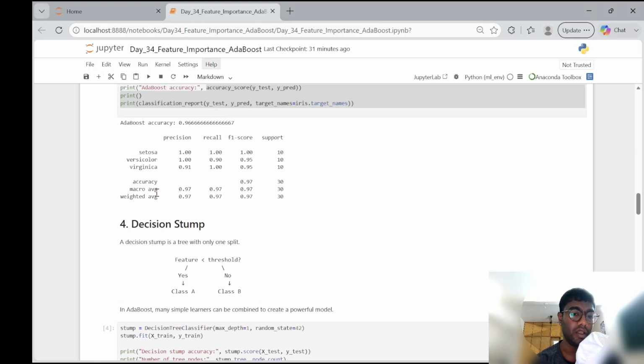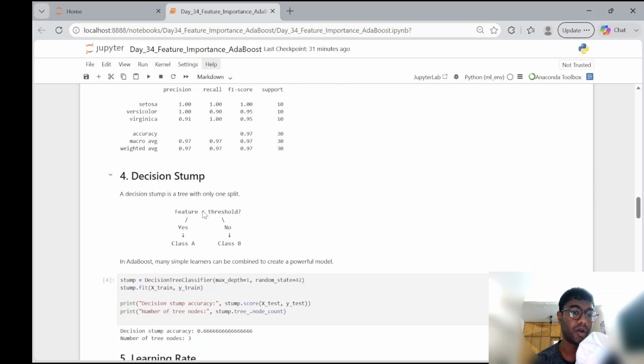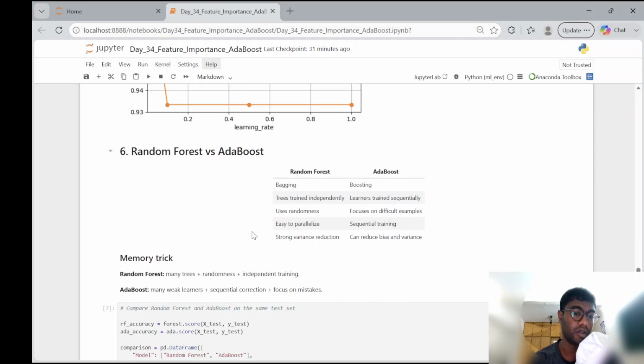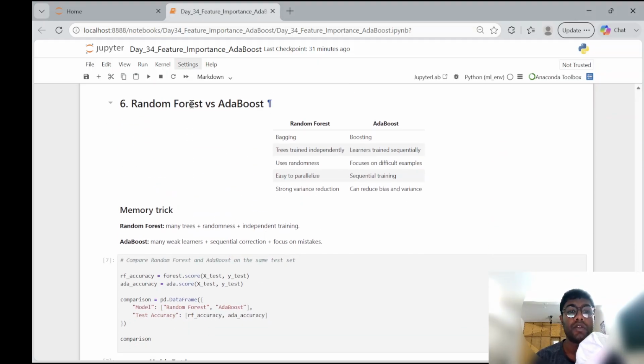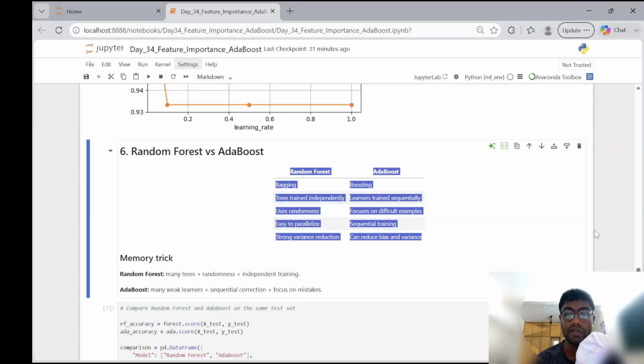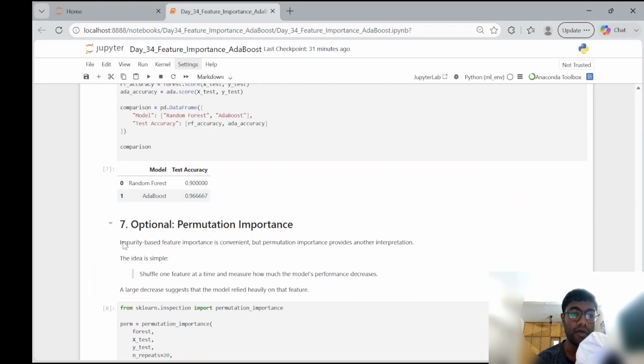AdaBoost usually has a sequence of steps, which is not like the parallel random forest model. It is sequential, so all of these also need to be taken into account with the model's performance. Here we have a few comparisons of AdaBoost and random forest, which I will leave in this same notebook, which can be referred to later.